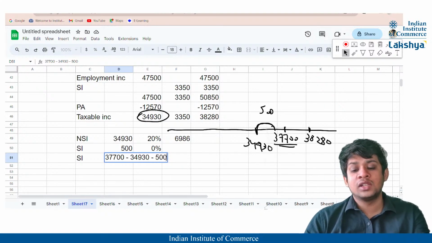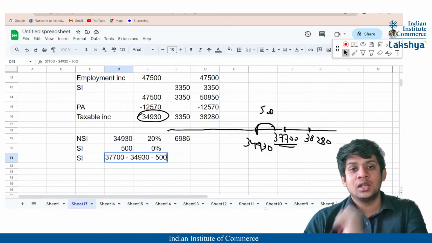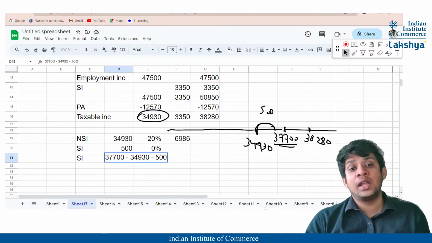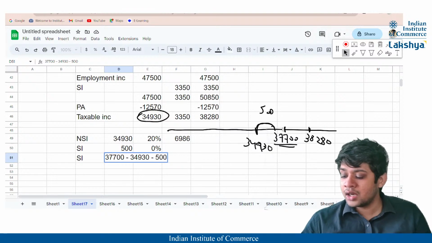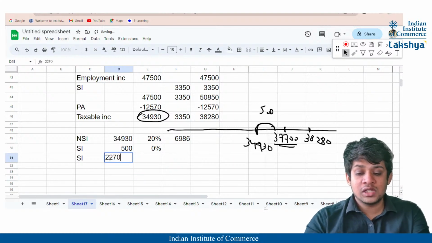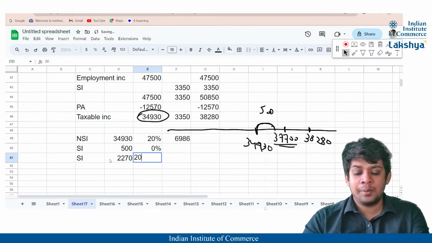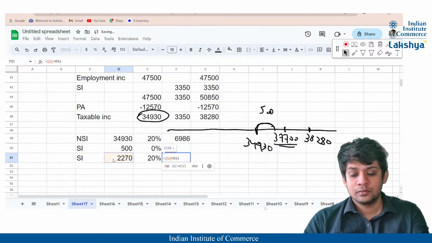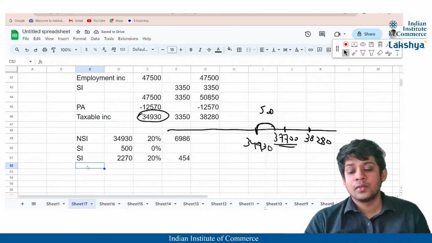So only the remainder of the savings income can be taken at 20%, because after 37,700, the remainder will be taken at 40% because it is exceeding 37,700. So it will be 37,700 minus 34,930 minus 500. That will give me 2270. So 2270 will be charged at 20%. That will give me 454.